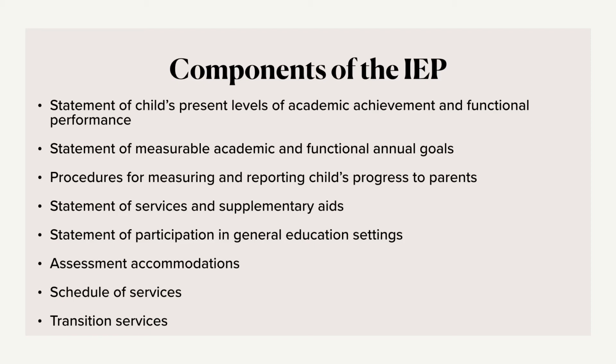And then the procedure on how you're going to measure and report the child's progress to the parents, as well as the different services and supplementary aids that you will be doing for the students, the statement of participation in general education settings, because of course it is our end goal to be able to include them in the mainstream. And then also what assessment accommodations can be done, as well as the schedule and the transition of services.